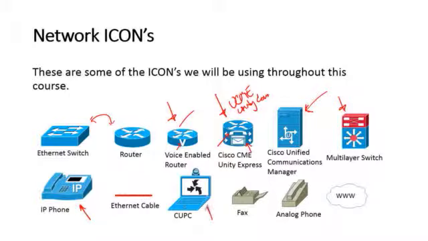And then also we have a CUP-C client. Now, a CUP-C client, if you haven't heard of this yet, there's an application called Cisco Unified Personal Communicator. You actually have to have a Cisco Unified Presence server to run Cisco Unified Personal Communicator.